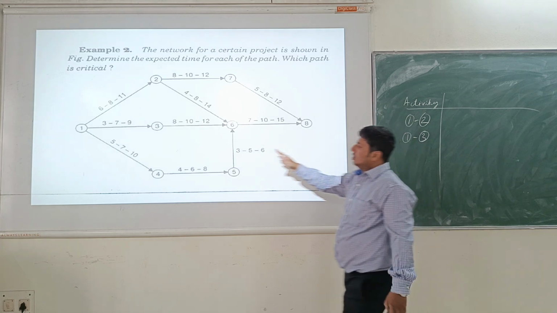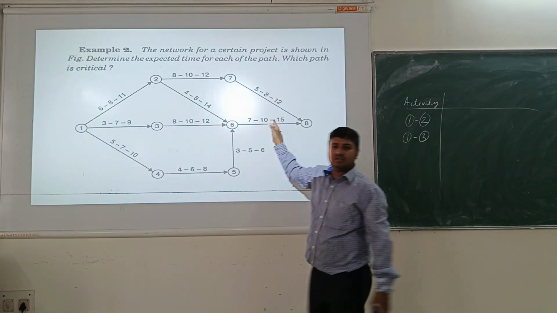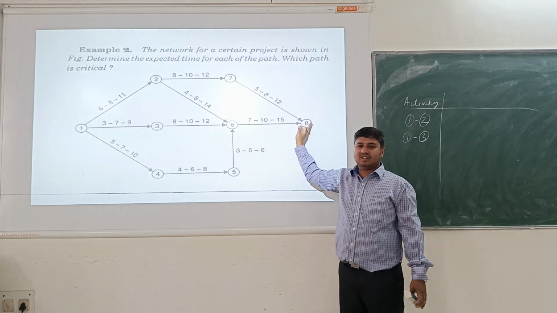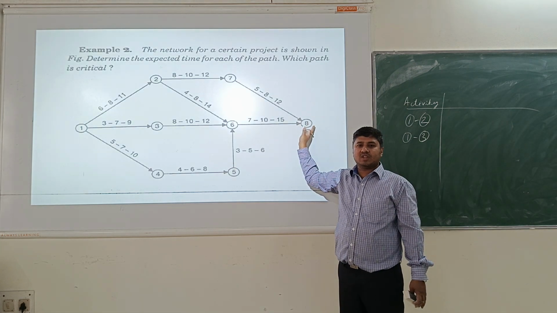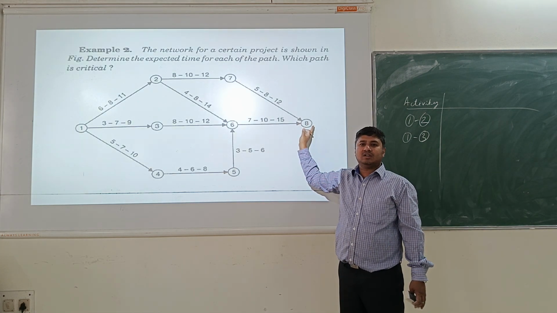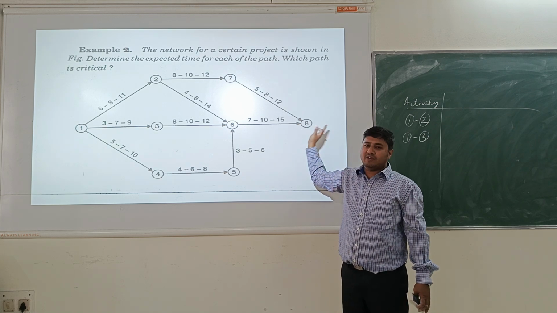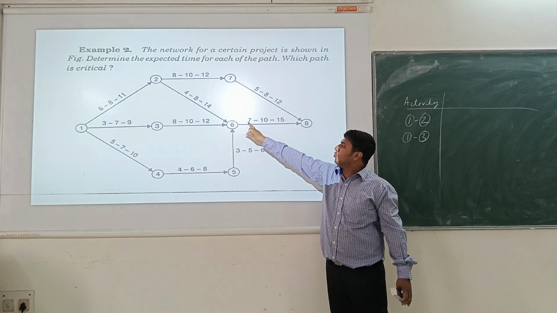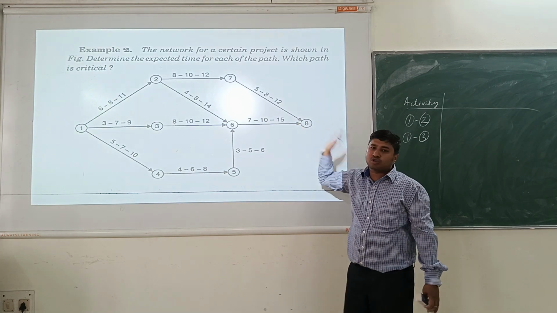What are these? 1, 3, 6, 8. These numerics are what? Right, events. 1, 3, 6 are nodes which depict events. And this arrow shows an activity.